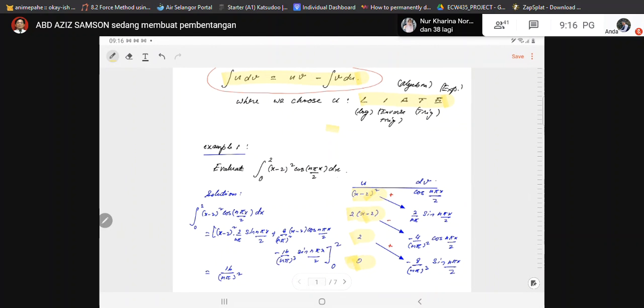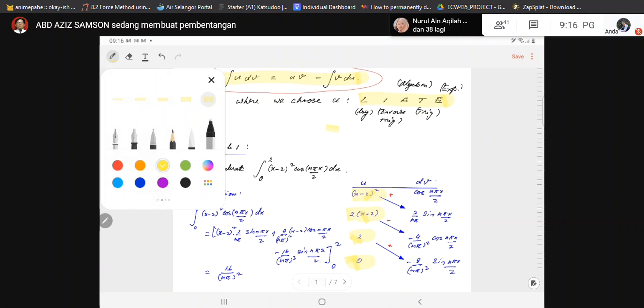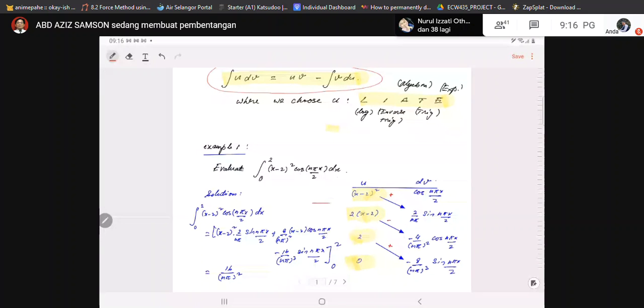Then we differentiate this, it will be 2, because that is equal to 2x minus 4, isn't it? So if we differentiate 2x minus 4, it will be 2. Then the next line, if we differentiate 2, it will be 0.